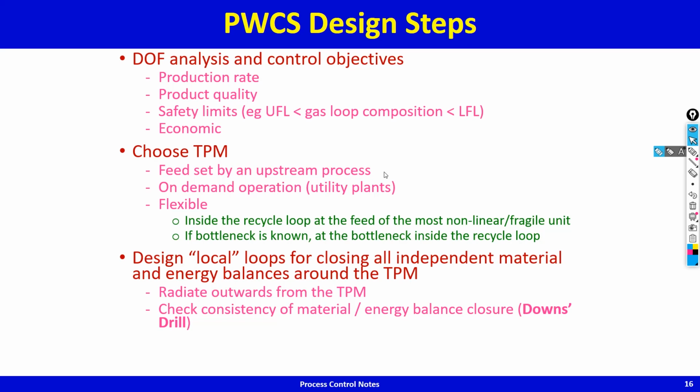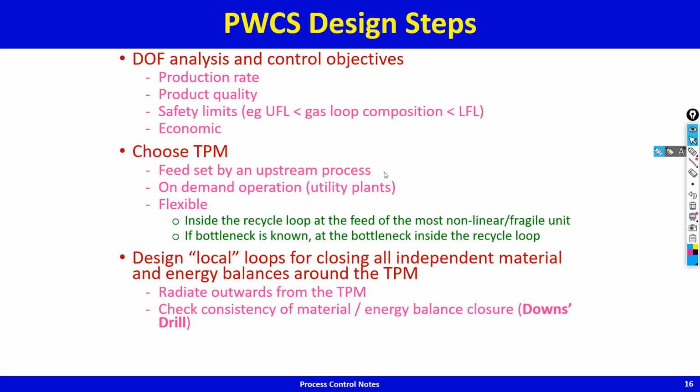Once the throughput manipulator has been put in there, then you design the inventory control system radiating outwards from the throughput manipulator, and these inventory control loops close all the independent material and energy balances around the throughput manipulator. And once you have synthesized the control structure, particularly check for the closure of the overall material balance, check for slow drifting modes that can be there, subtle drifting modes, and if they are there, identify them and close them.